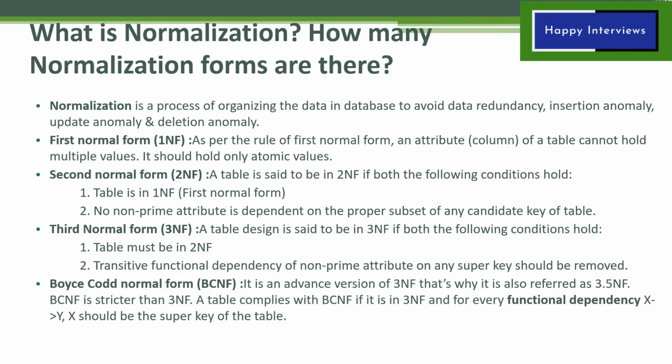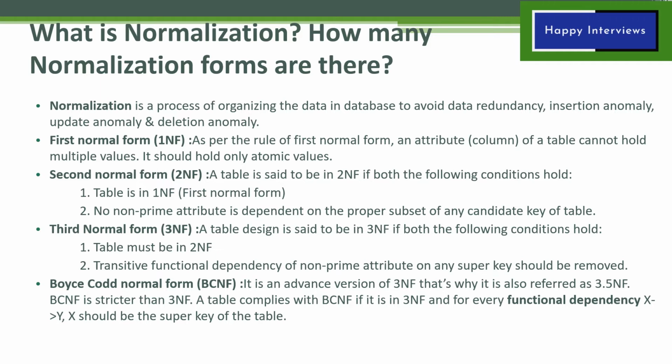In second NF, what needs to be done is that the table should be in 1NF, so no multiple values should be present, and second, no non-prime attribute is dependent on a proper subset of any candidate key of the table. So what does it mean?